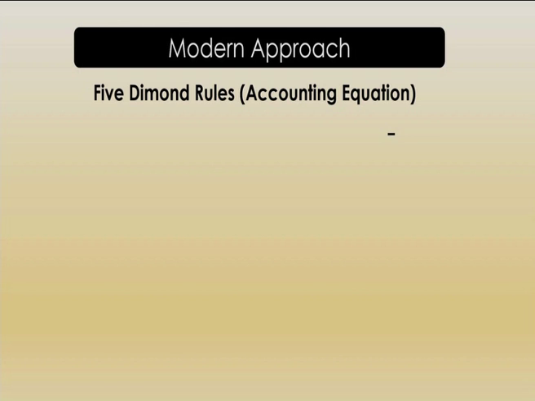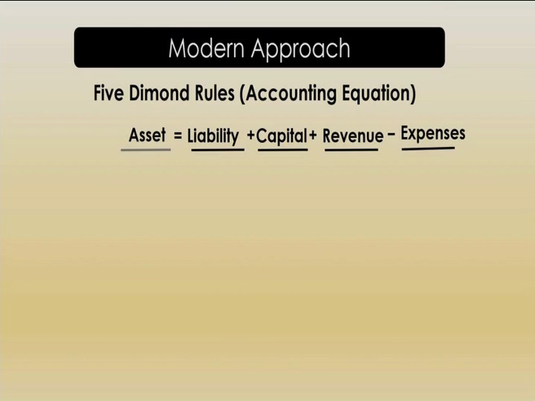This modern approach is also called the five-diamond rules, adopted from the accounting equation. The accounting equation says assets are always equal to liability plus capital plus revenue minus expenses.